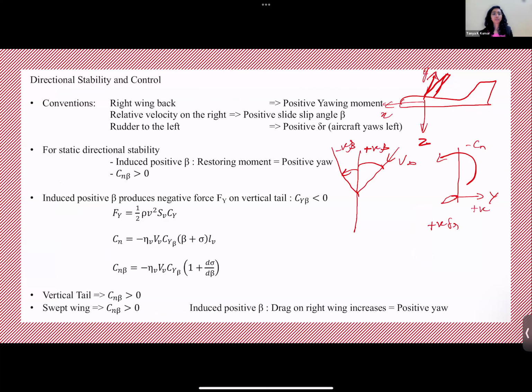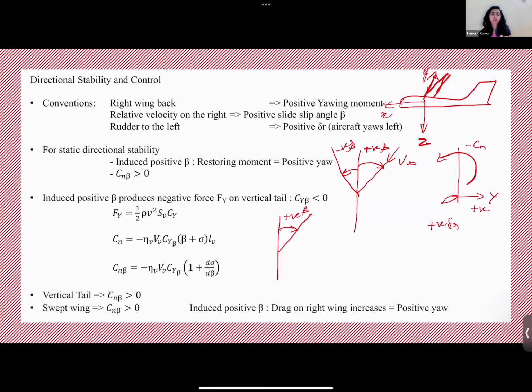Okay. Now for static directional stability. If your aircraft is encountering a positive beta, you need to reduce that. So you need to get rid of this. If this was your aircraft and it's facing a positive beta, you need to yaw your aircraft in order to make this beta zero, right? You need to negate the effects of this positive beta.